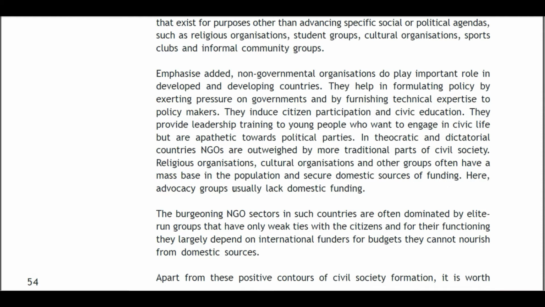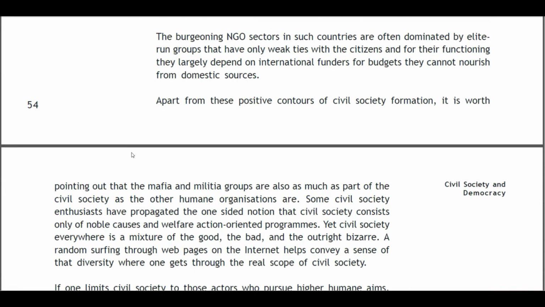Here, advocacy groups usually lack domestic funding. The burgeoning NGO sectors in such countries are often dominated by elite-run groups that have only weak ties with the citizens, and for their functioning they largely depend upon international funders for budgets they cannot obtain from domestic sources.